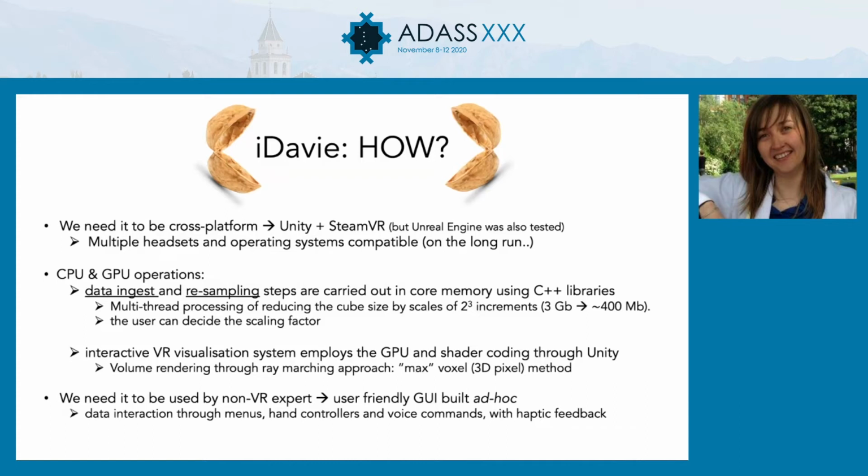So we needed resampling, and that has been done as well. The resampling scaling factor can be decided by the user. The interactivity in VR is developed on the GPU, and we use the ray marching approach to visualize the volume.